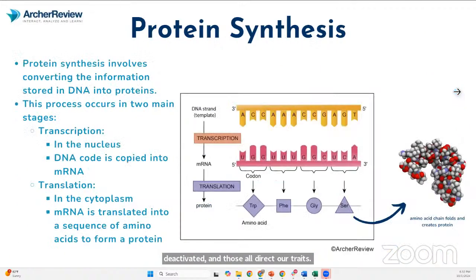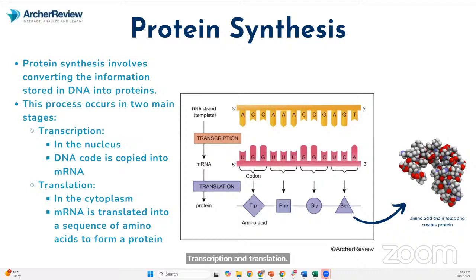So that makes this idea of protein synthesis, and remember that word synthesis means to make, a very important concept to understand, because that's determining who we are. And so in the case of protein synthesis, we're converting that recipe of DNA into the proteins. And we're doing this in 2 main stages, transcription and translation.